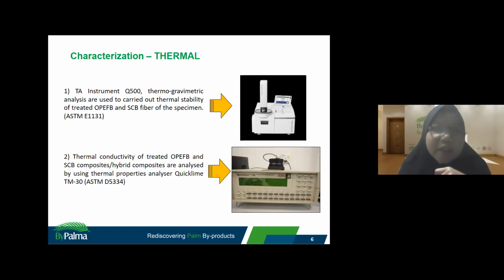And then for the characterization, first we're using thermal gravimetric analysis, with the TA Instruments Q500, which is this equipment. The second one is thermal conductivity of the treated fiber OPEFB and SCB hybrid composite, analyzed by using a thermal properties analyzer, Quickline TM30.